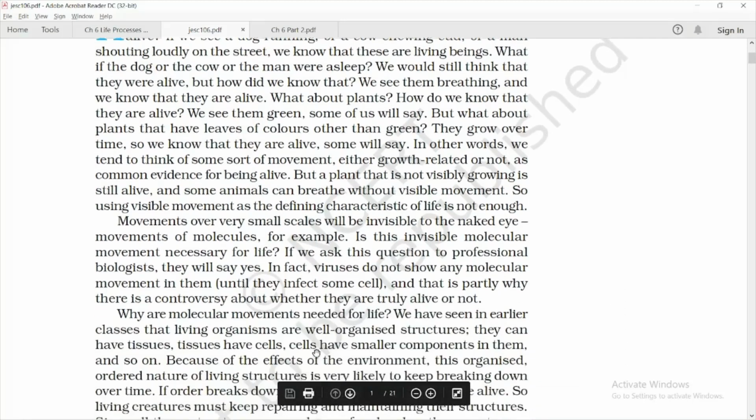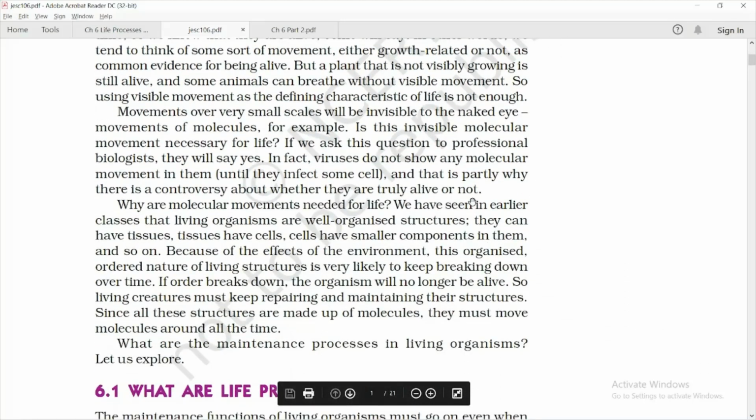In fact, viruses do not show it, which is partly why there is a controversy about whether they are truly alive or not. So scientists generally say that viruses are a link between living and non-living things, right? Viruses do not work outside the body, but as soon as they enter the body of an organism, they start working and show the symptoms of living things, right?